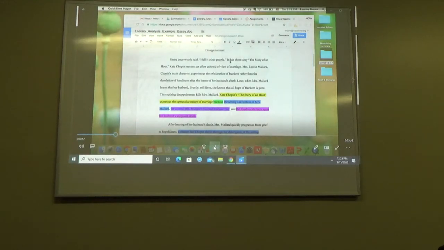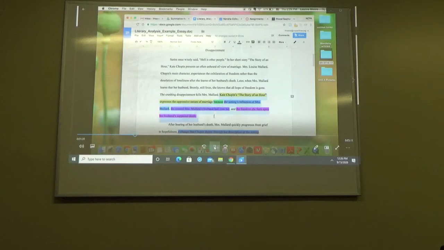And then the next thing that this author does is she writes what short story, so the title and the author of the short story she's going to analyze, and then talks about the topic, a view of marriage. And then this author gives a very brief summary of what happens in the story. Okay, this is just a basic summary of the short story that the person read.